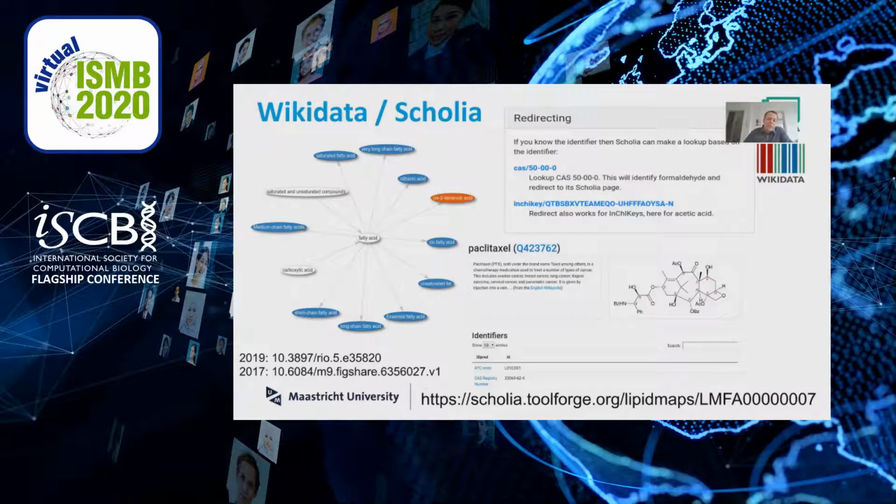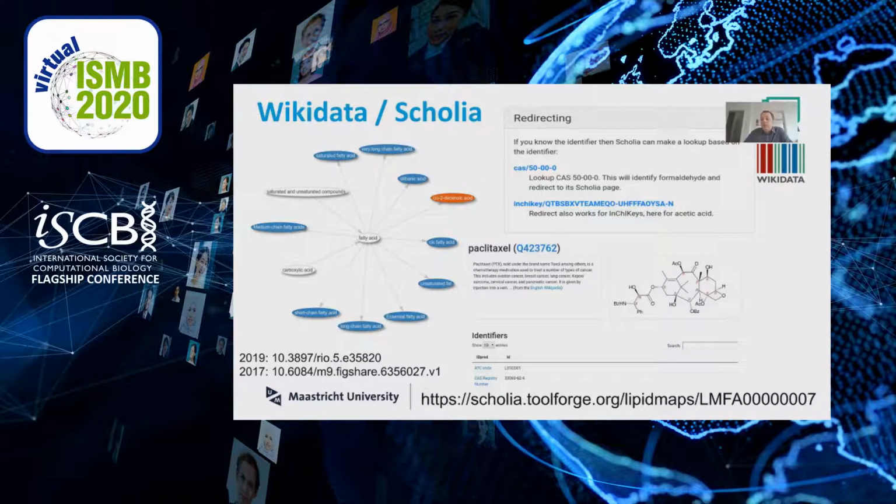Now, the sources of these identifiers have traditionally been ChEBI and HMDB, but we realized that a number of these identifiers were not available, and LIPID MAPS was one of them, and we started using Wikidata for that. But Wikidata and Scholia actually have a number of additional advantages. I already mentioned the hierarchy on the left side for fatty acid.